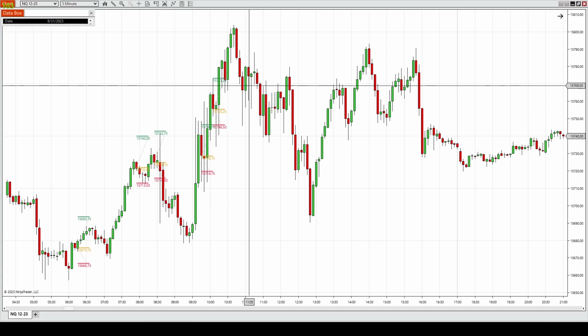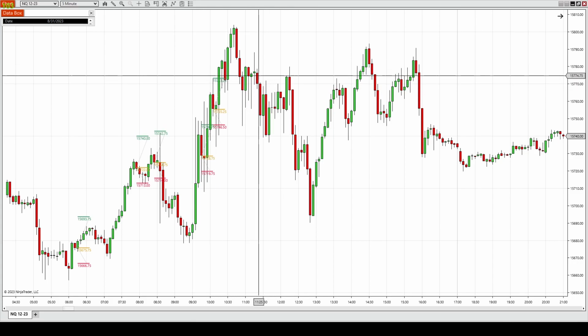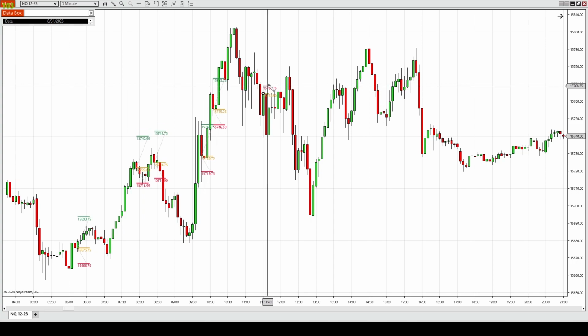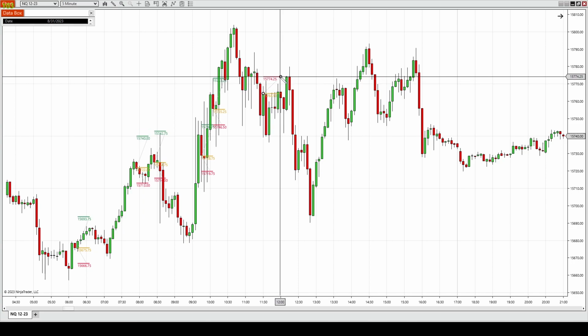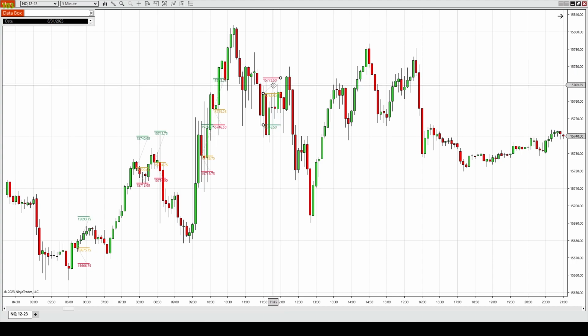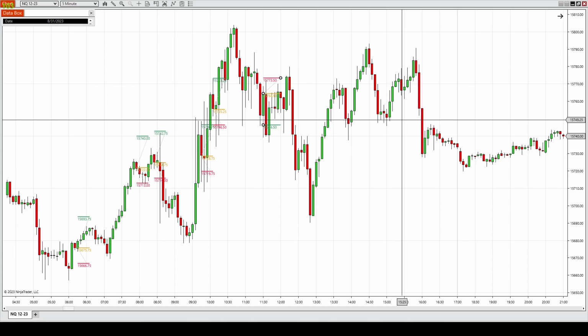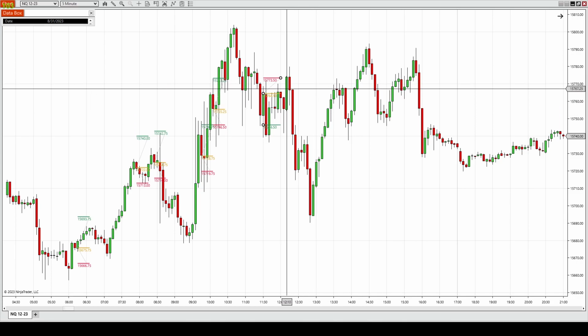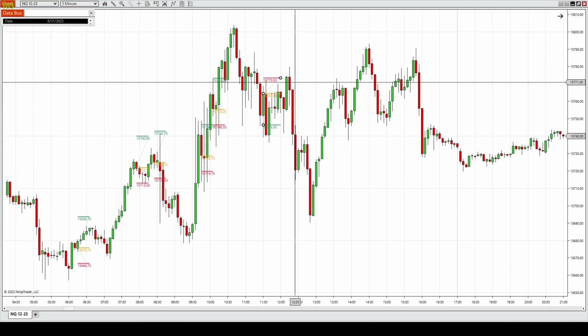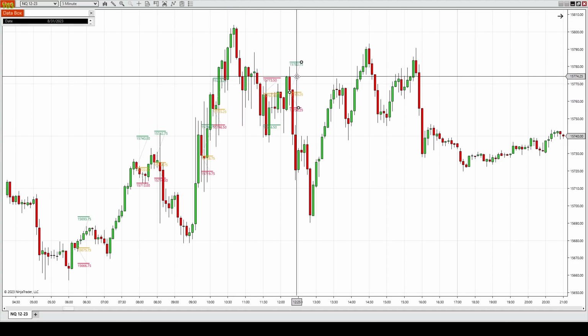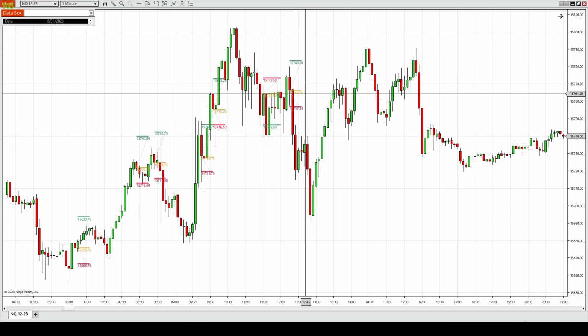So now we're breaking structure, boom, pullback right here. Great trade setup. So let's set up our $9. Boom, $9. This would be really close to stop loss, but again, take profit hit, and that's completely fine. Structure here breaks. That would have been a loss.